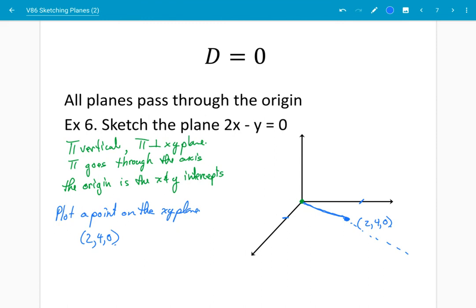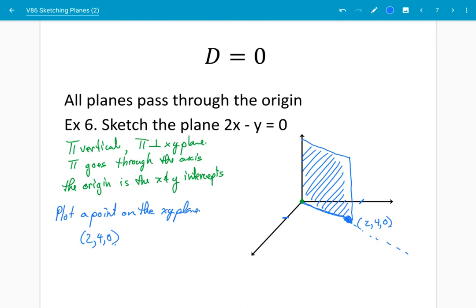So draw, starting at the z-axis, a line parallel to that line in the xy plane, and then we show the edge, a vertical edge, like that, and then shade it in. So if you like, it's like a plane that's hinged on the z-axis. So it rotates around the z-axis and it's locked in place by that coordinate on the xy plane of 2, 4, and 0.